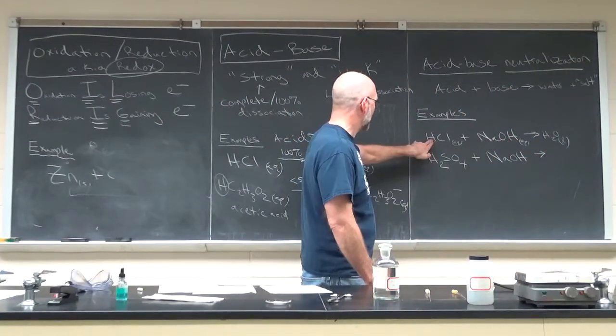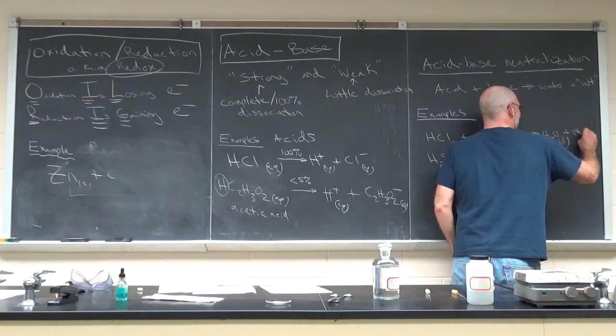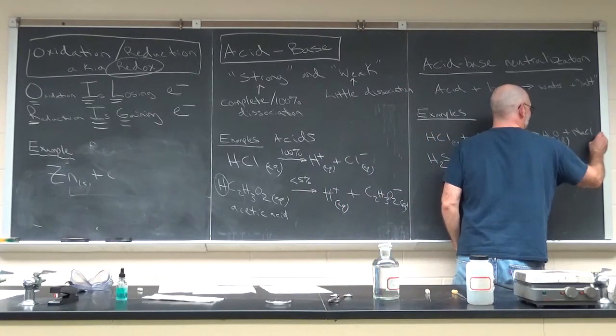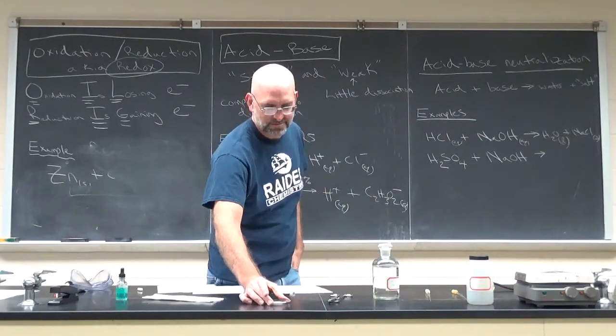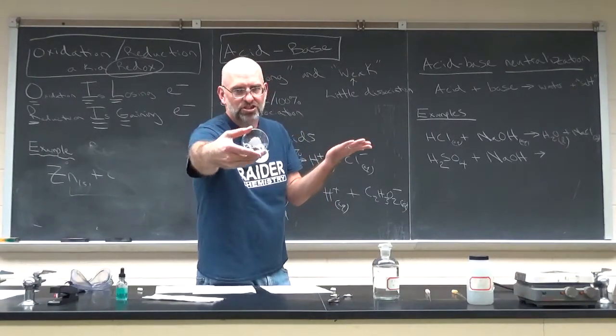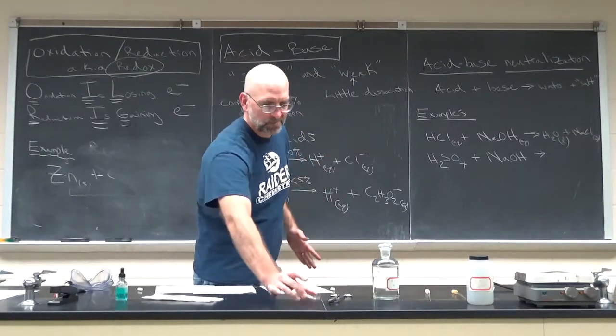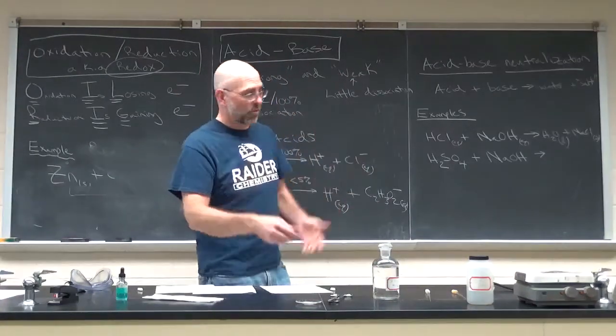And then, so H plus and OH minus makes water. I guess we'd have to call the remainder solid. That's salt. That's just NaCl remaining. It's kind of interesting. So, but it's salt left over from a chemical reaction, not just evaporating salt water.